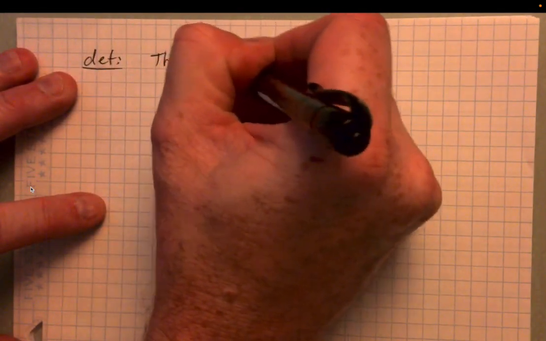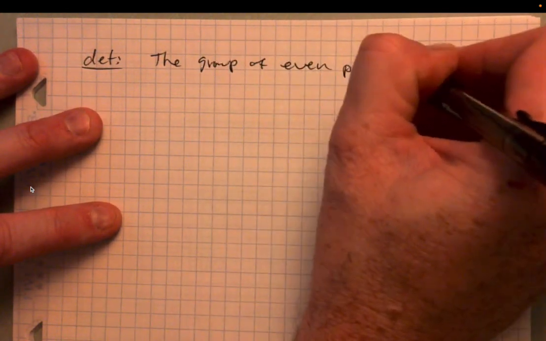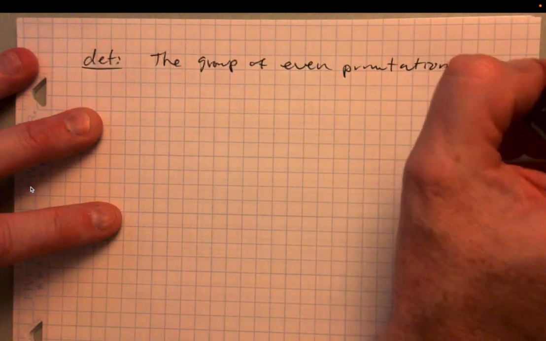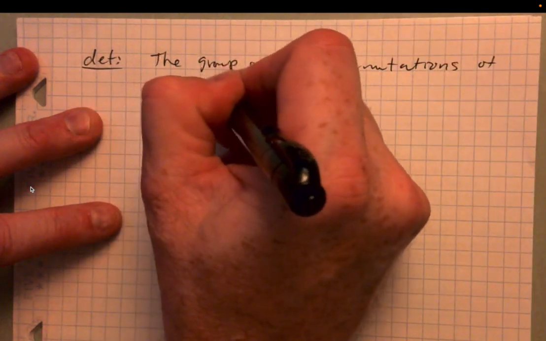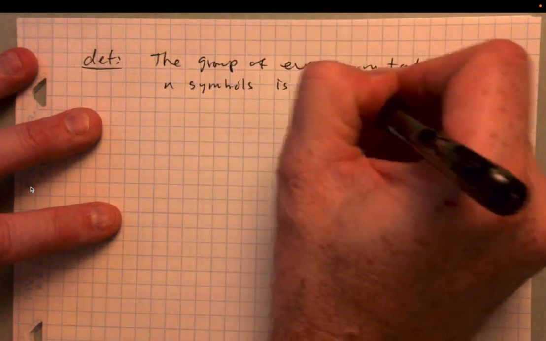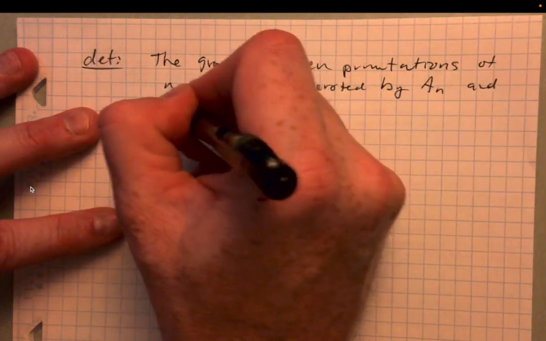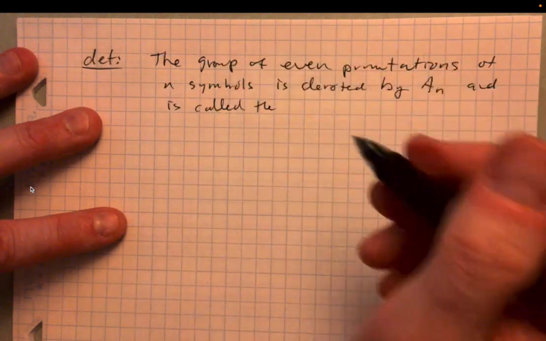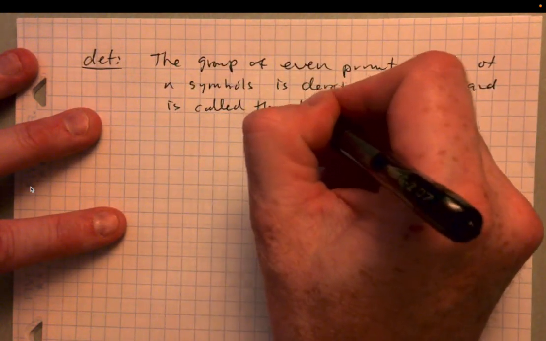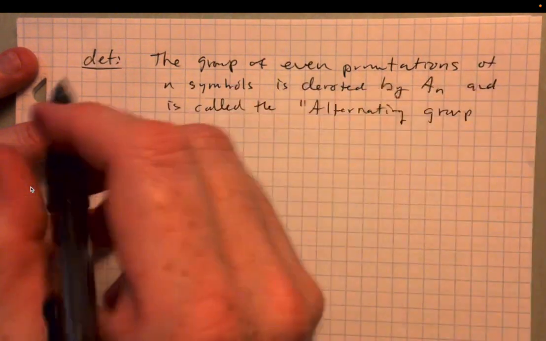Okay, another group. We're getting close to the end here. So this is the alternating group. The group of even permutations of n symbols is denoted by An and is called the alternating group of degree n.